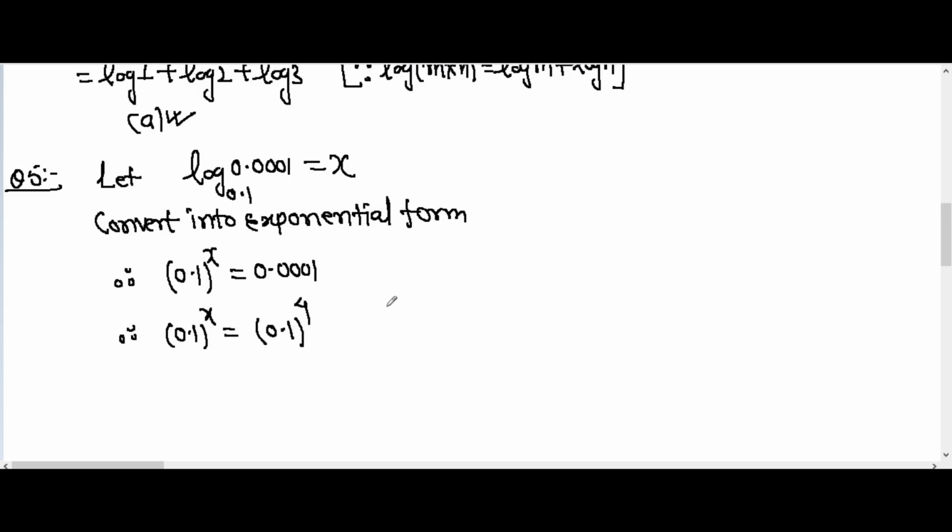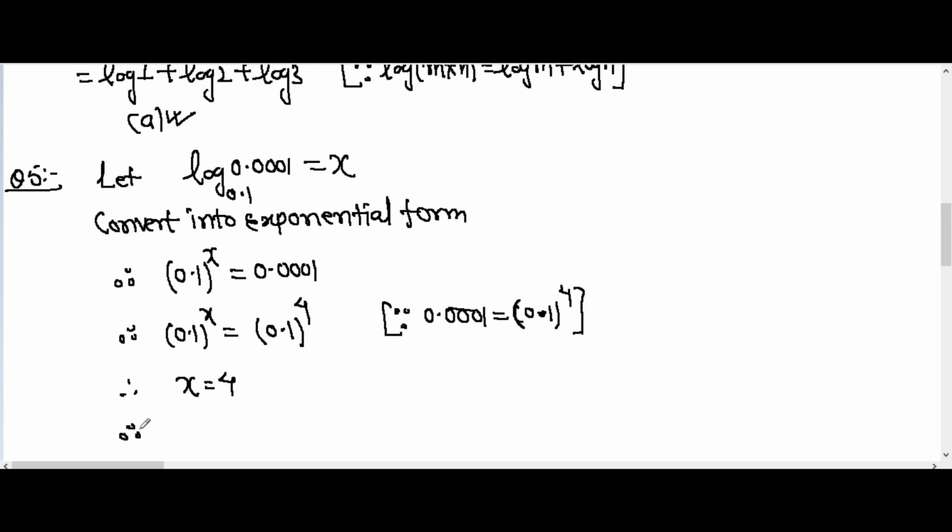Here we applied that 0.0001 is equal to 0.1 whole raised to 4. Next, again bases are equal, so powers must be equal. So x is equal to 4.